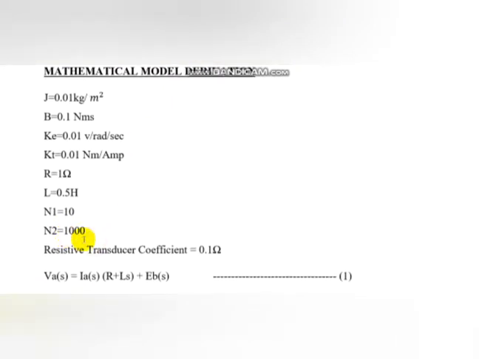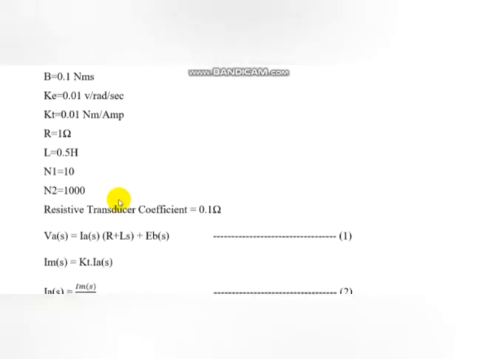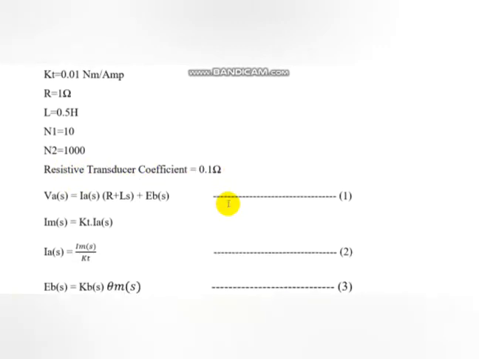This is all the info that we get from the question: J is 0.01 kg per meter square, B equal to 0.1 newton meter second, K equal to 0.01 V per rad per second, KT equal to 0.01 newton meter per ampere, R equal to 1 ohm, L equal to 0.5 Henry, N1 equal to 10, and N2 equal to 1000. Resistive transducer coefficient equal to 0.1 ohm.